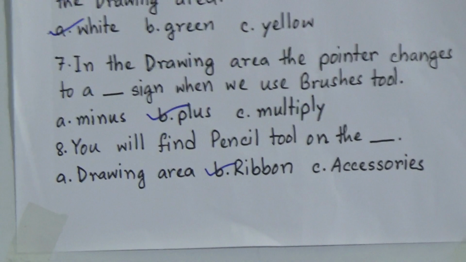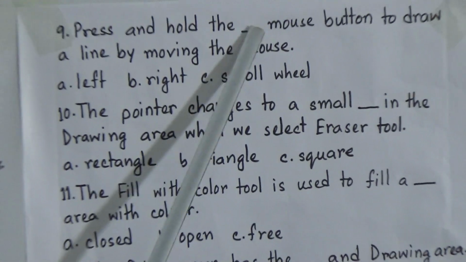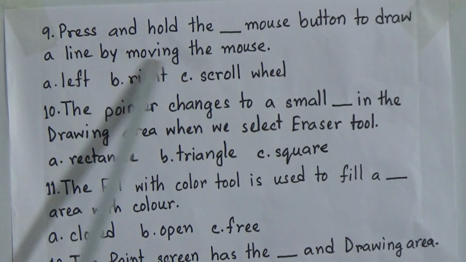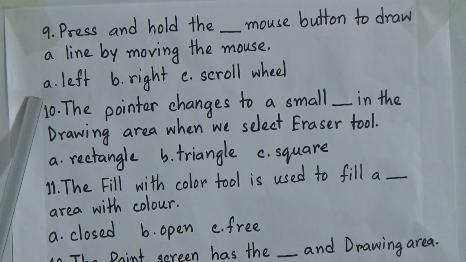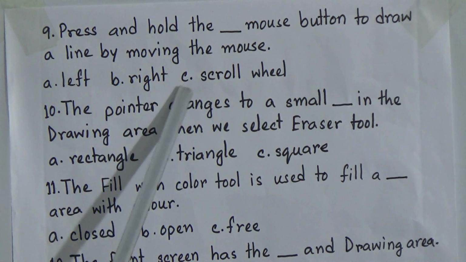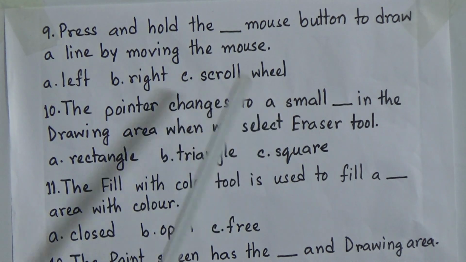Now we will go to the next MCQ, MCQ number 9. Press and hold the dash mouse button to draw a line by moving the mouse. Option A, left, option B, right, option C, scroll wheel. So which button will you press to draw a picture? We all know that we will hold the left mouse button.